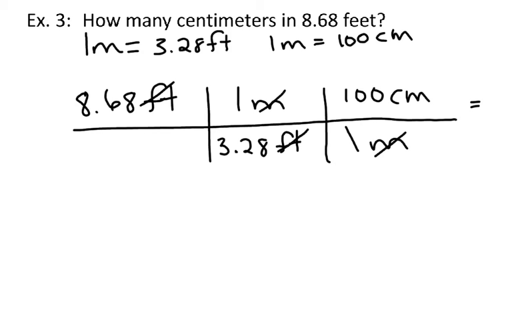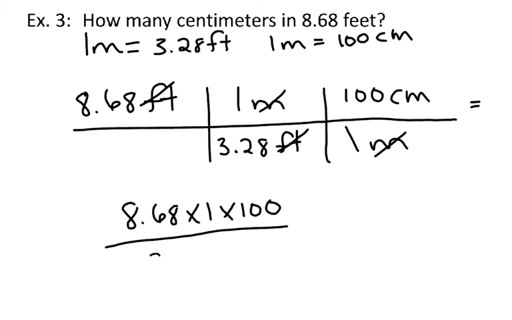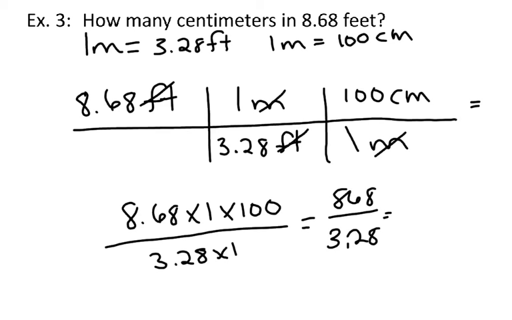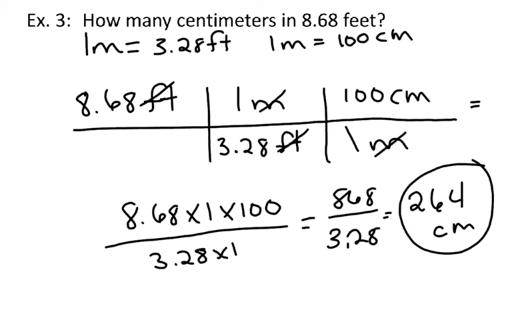Because those vertical lines are multiplication, I actually have 8.68 times 1 times 100 divided by 3.28 times 1. I think you guys can do the math on that. It does come out to be 868 divided by 3.28, which comes out to be 264 centimeters. So that's my answer on that one.